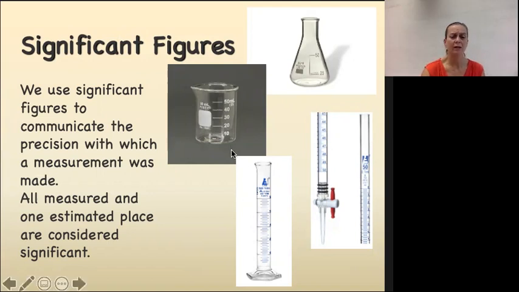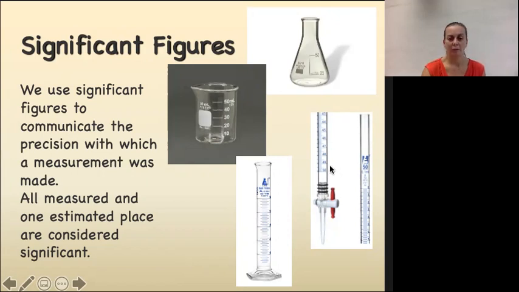So just as you're seeing in the measurement activity, this beaker is only graduated in tens, and so we would be able to estimate to the ones place. But this flask is only graduated in 25, so we would be able to estimate that it's somewhere between 25 and 50. Maybe we could estimate in fives, but probably not in ones. Whereas our graduated cylinder is graduated in ones, which means we're going to be able to read it to the tenths place.